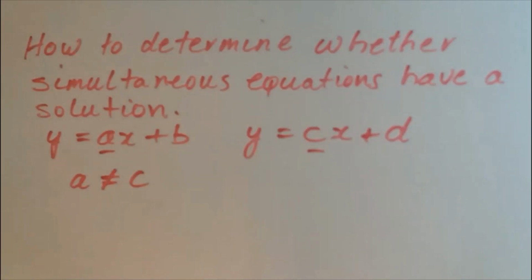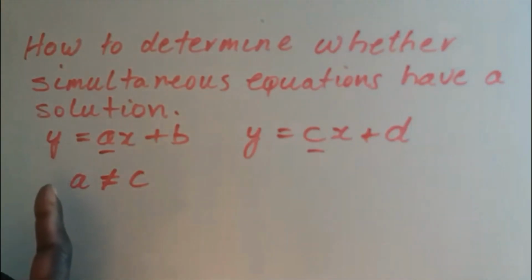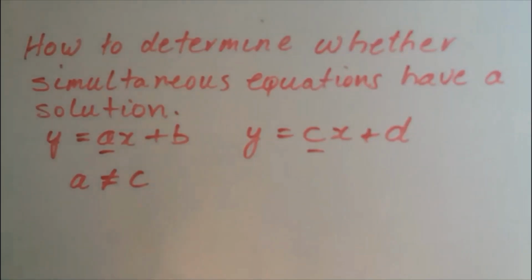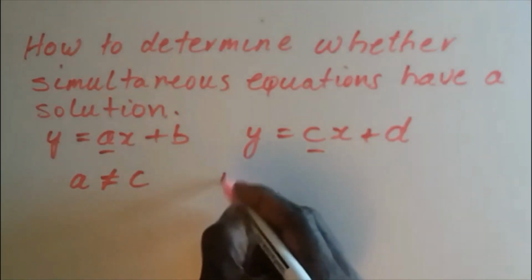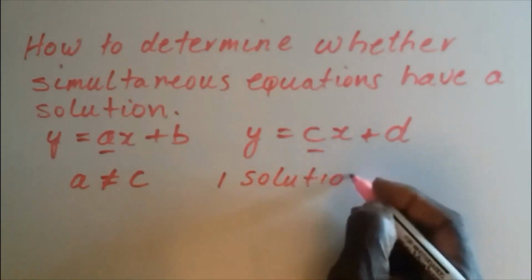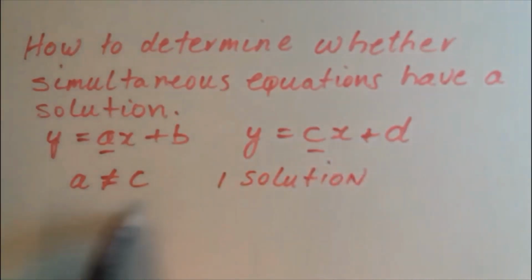The lines representing the equations are not parallel, meaning that they cross at some point. So these two equations with a and c not equal to each other will have one solution. So it's based on this condition that a is not equal to c.